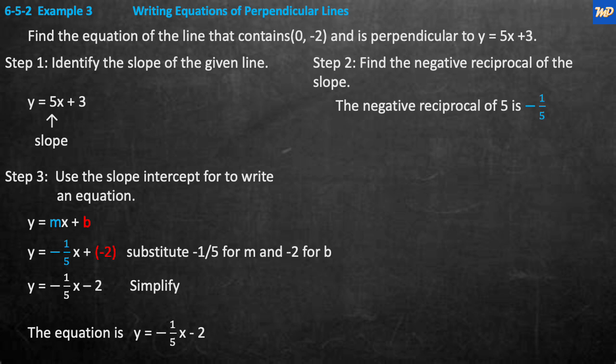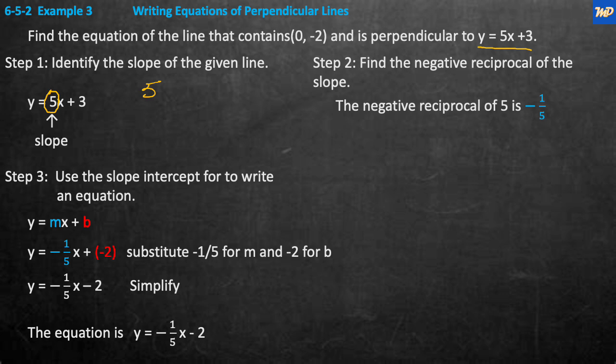So the first thing we're going to do is find the slope of the given line, remember? Identify the slope of the given line. Well, the given line is y equals 5x plus 3. So the slope is right here, the 5. 5 is the given slope. Next, find the negative reciprocal of the slope.